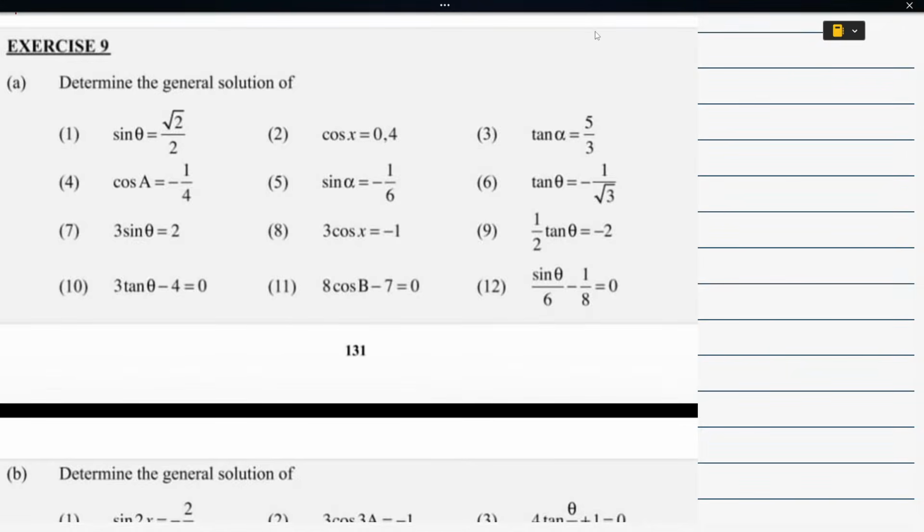Okay, look at this question. The definition of a general solution, I will just pick a few questions so that you can see how to apply the general solutions in a question.